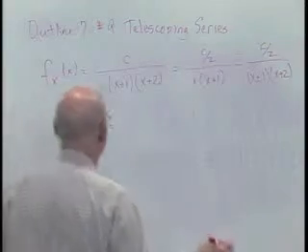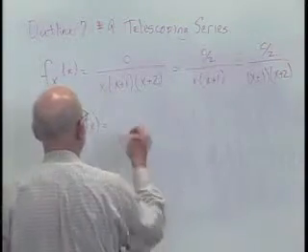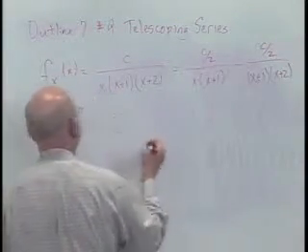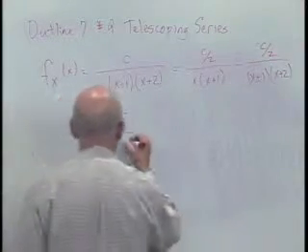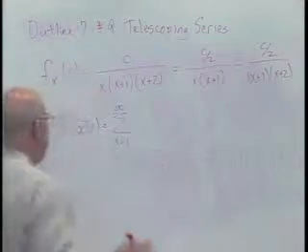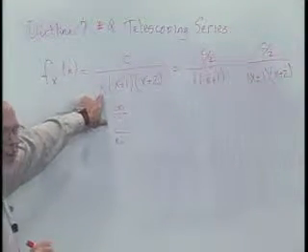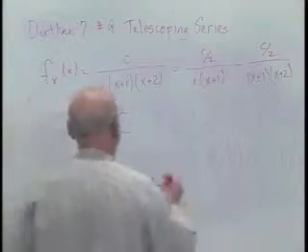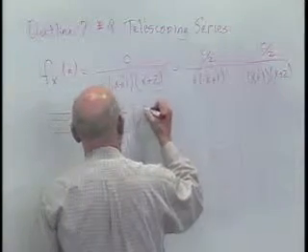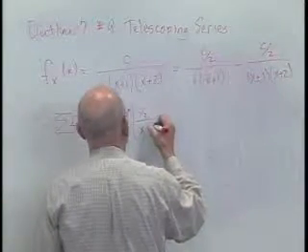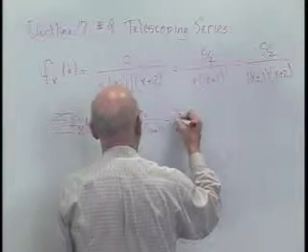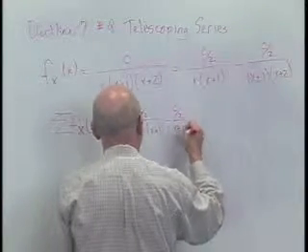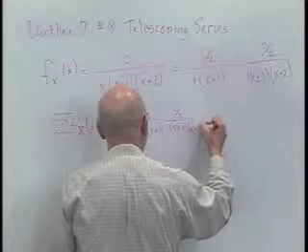The sum of this mass function is the sum from x equals 1 to infinity. I better not start at 0 because then I'd be dividing by 0 here, of c over 2 divided by x times x plus 1 minus c over 2 divided by x plus 1 times x plus 2.